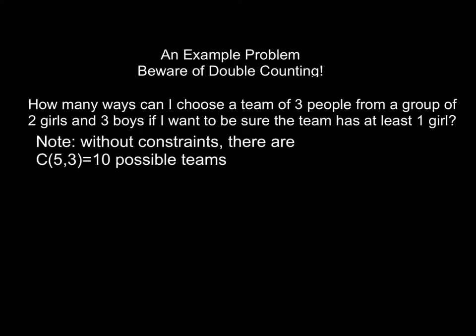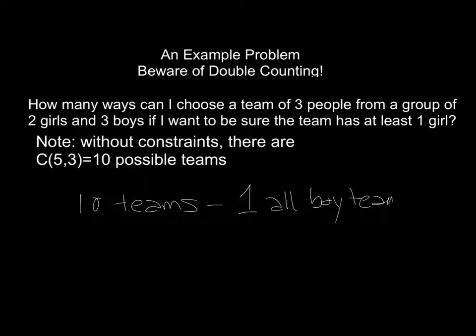Without constraints, there are 5 choose 3, that's 10 possible teams. So our first method, we can consider there are 10 possible teams, and if we want to be sure that there's at least 1 girl, we can subtract the 1 all-boy team, since there are 3 boys, which means there are 9 teams with at least 1 girl.